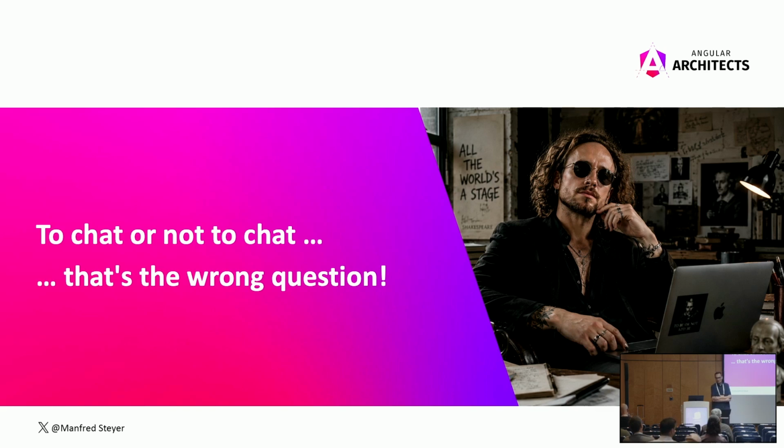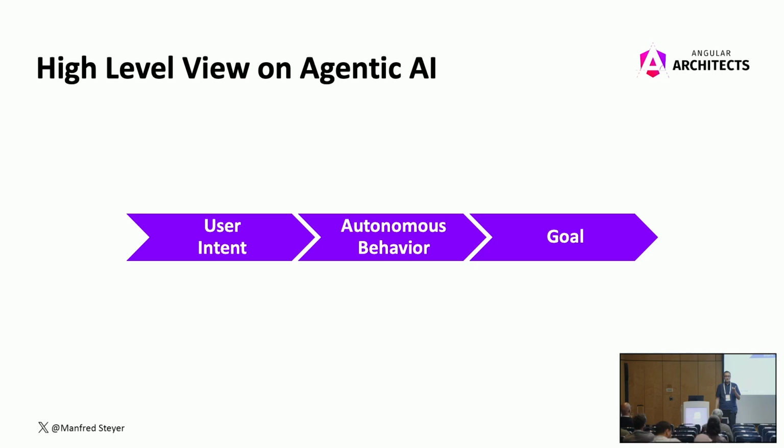friend William said. Because at the end of the day, when it comes to agentic UI, it's not about chat versus not chat. It's more about this here, catching the user's intent, getting to know what the user wants to do, what the user wants to achieve, and trying to achieve this in a more or less autonomous way.